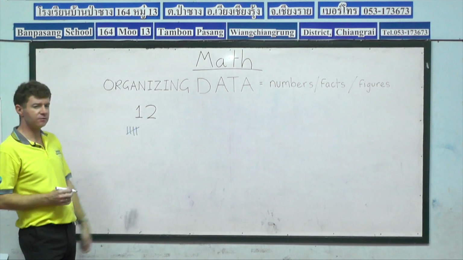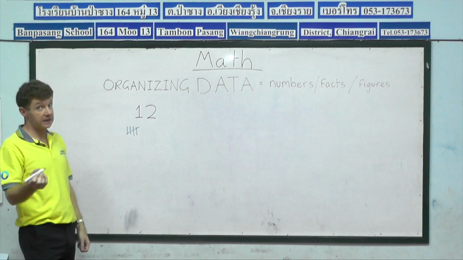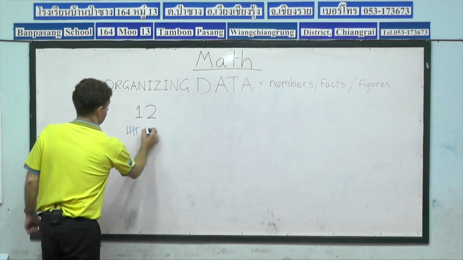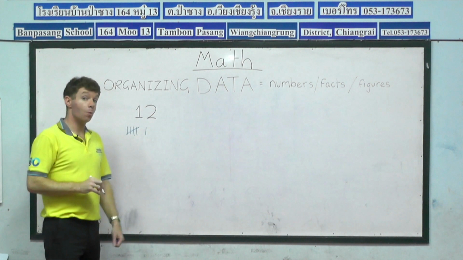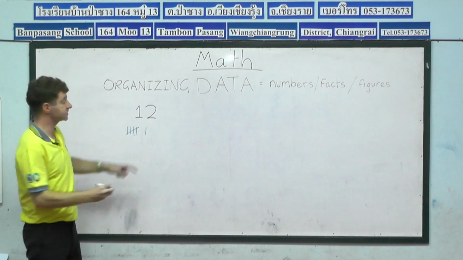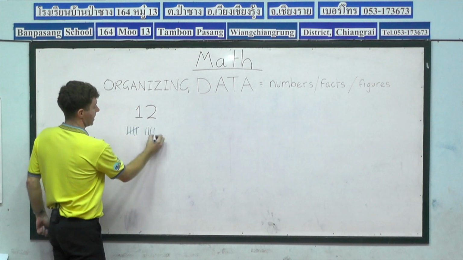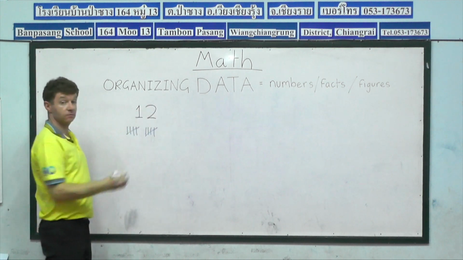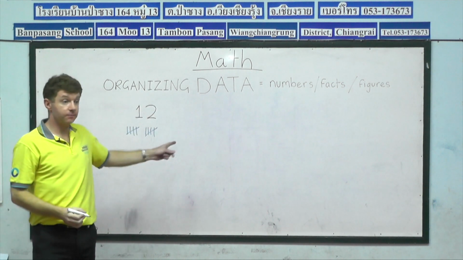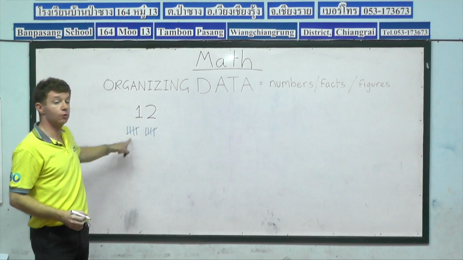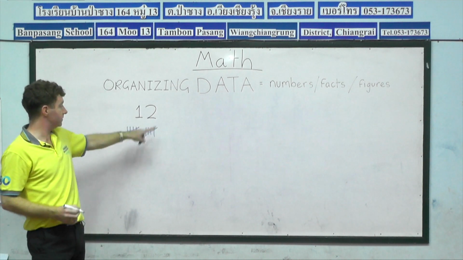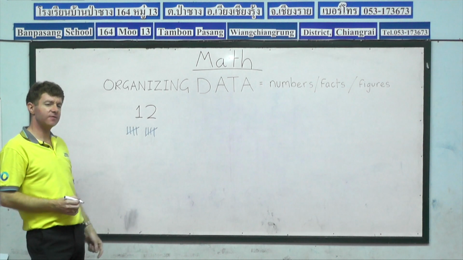Have we reached 12 yet? No, so we need to keep going. 1, but now it's not 1, we have 5, 6, 7, 8, 9, 10. So straight away, all you need to do is look at the 2 groups, 5, 10. But have we reached 12 yet? We need another 2.